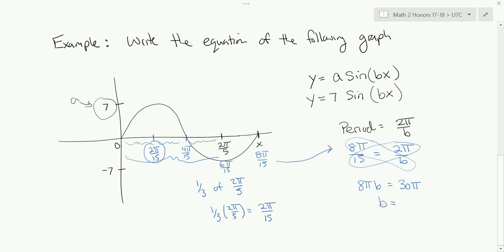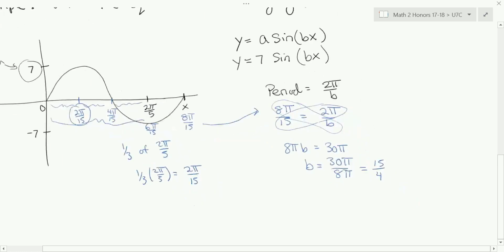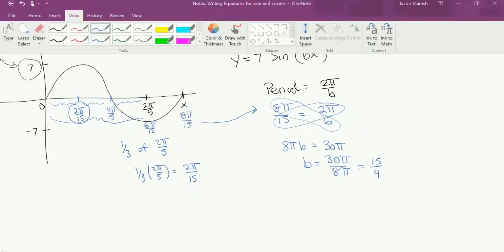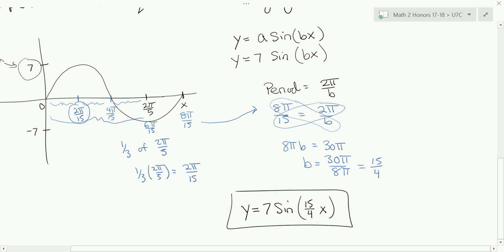And I get b is 30 pi over 8 pi. And then we reduce that. Divide by pi, divide the 30 and 8 by 2, you get 15 over 4. So now we found b, and we can write our full equation, which is y equals 7 times the sine of 15 over 4x. That's the equation of that graph.